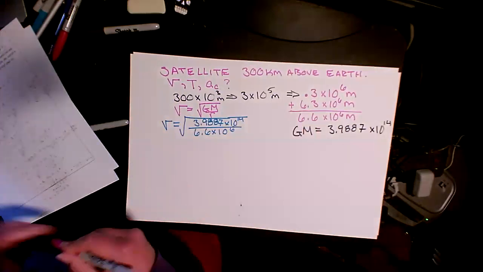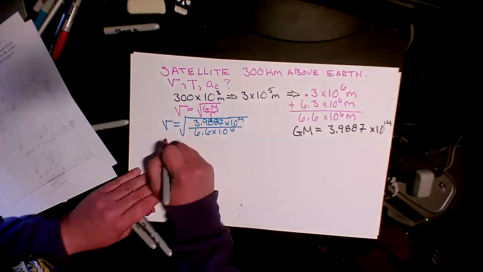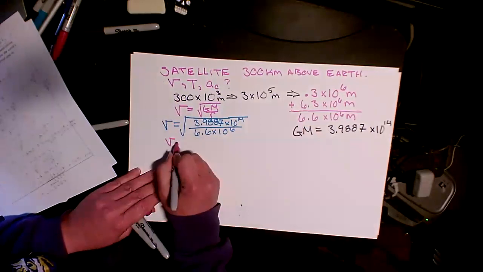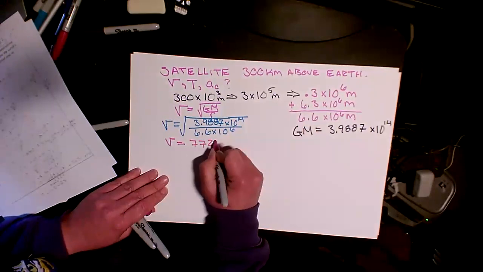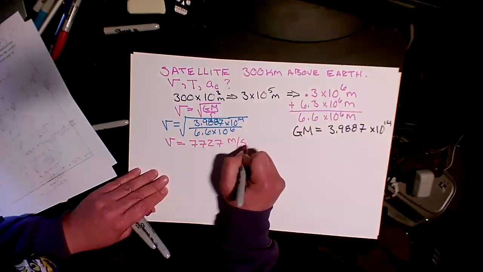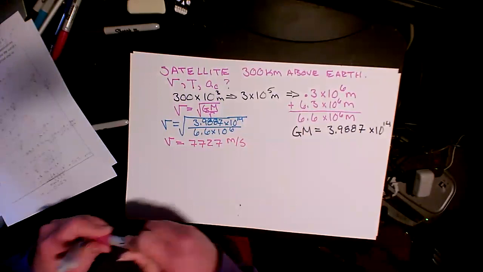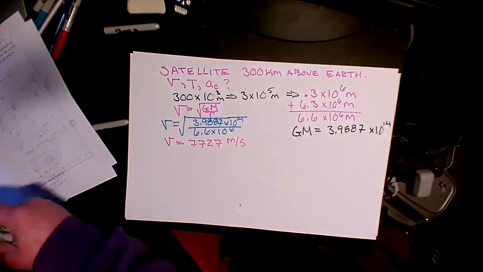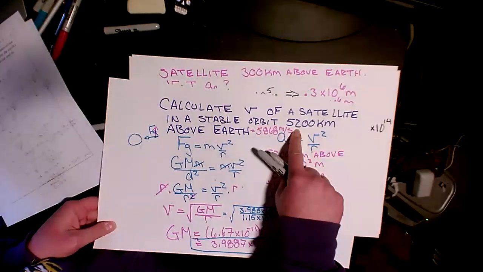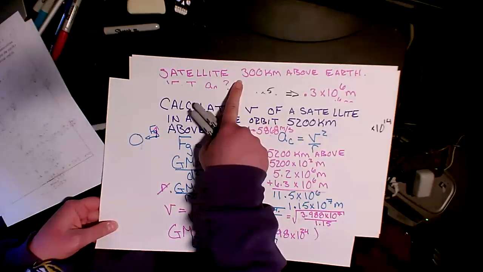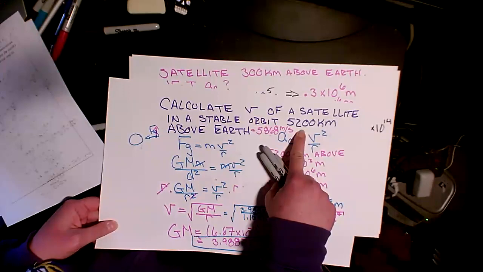So I put that in there, and what do I get? I get that V, so that answers the first question. V is 7,727 meters per second. So let's see what happened here. For my last one, we were 5,200 kilometers. This is only 300. So this is considerably closer.